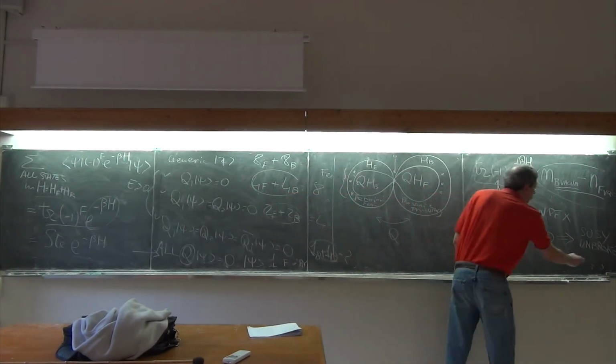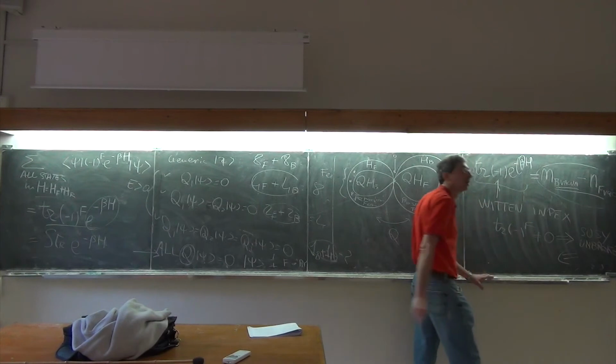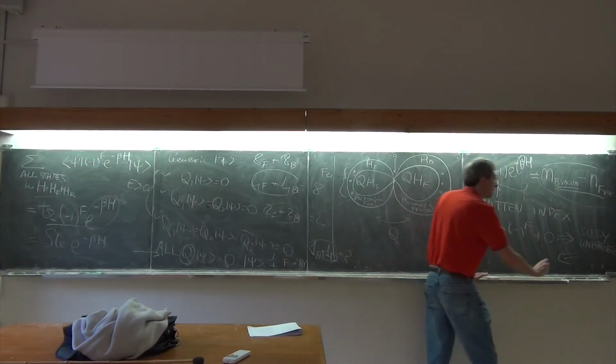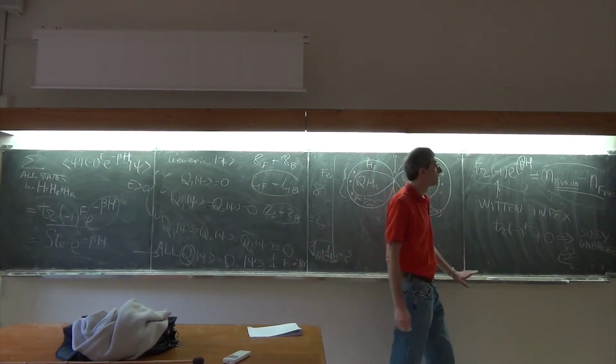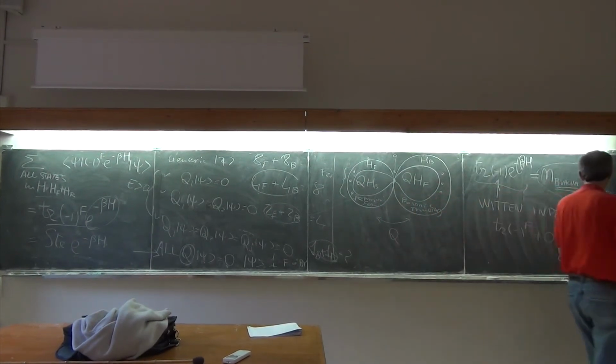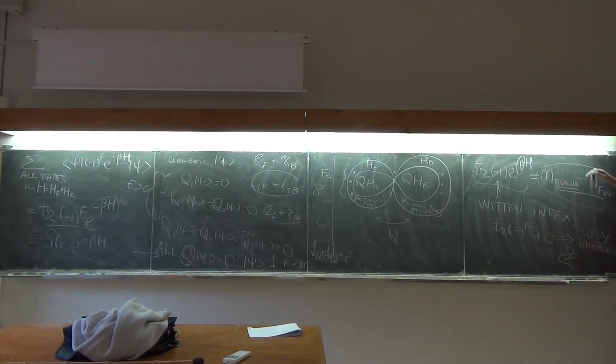Why can't you conclude that the converse is also true? Well, if SUSY is unbroken, then you know that there must be some zero energy vacuum, so one of these two numbers must be non-zero.